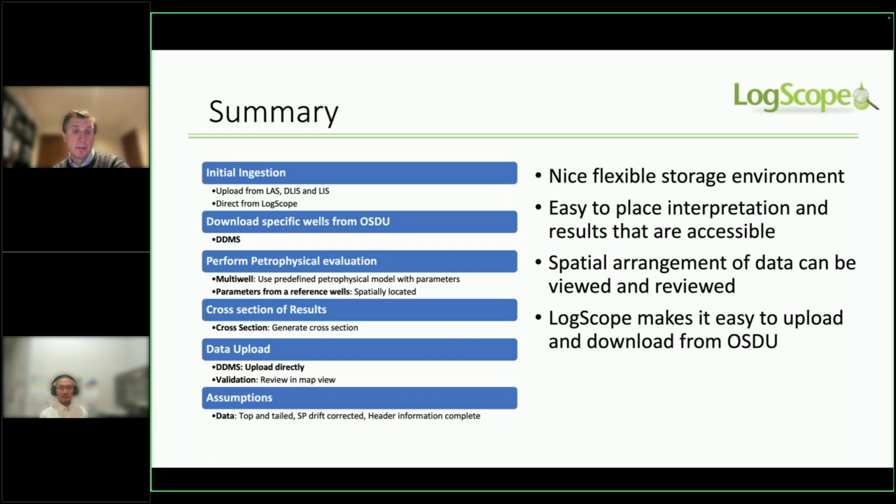So those are kind of the two steps. In our environment, you could download the data into our software using this, export as a CSV file, put that in whatever you're doing, bring it back into LogScope, and then upload back to the OSDU. So you could do it that way. Or again, you could access the APIs directly from your cloud-based software and download and upload to it.